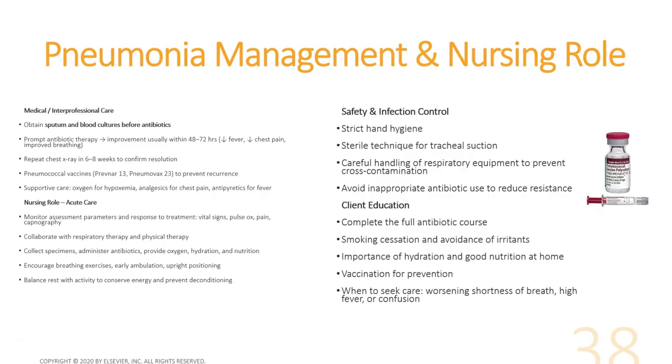It does help reassure them, it helps reduce anxiety and overall improves their oxygenation. Also, education is key here. If they're smokers, we have to reinforce that they need to stop smoking. Smoking impairs our lung defenses and it can increase their recurrence risk as well.